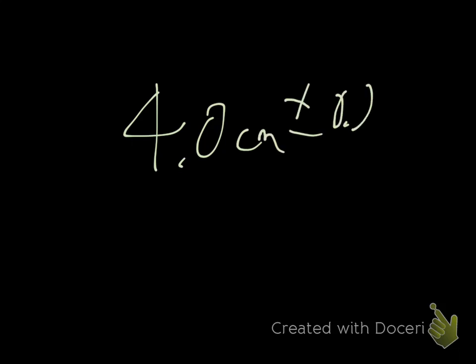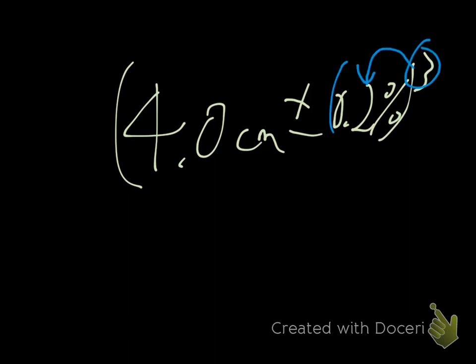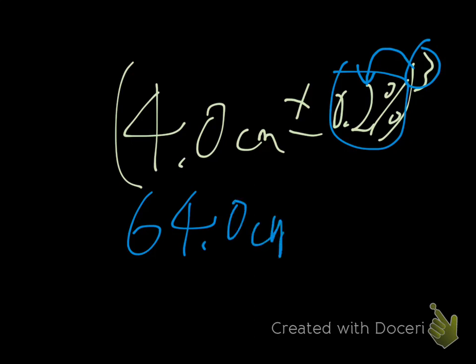Say I have a cube with a side length of 4.0 centimeters, plus or minus 0.2%, and I want to find the volume. Well, cube it, take the exponent, multiply it by the percent uncertainty. I should get 64.0 centimeters cubed plus or minus 0.6%.